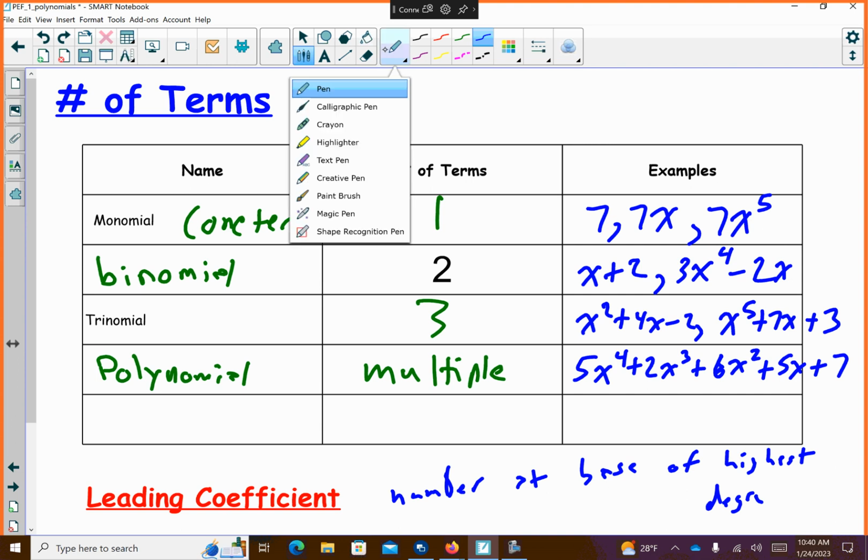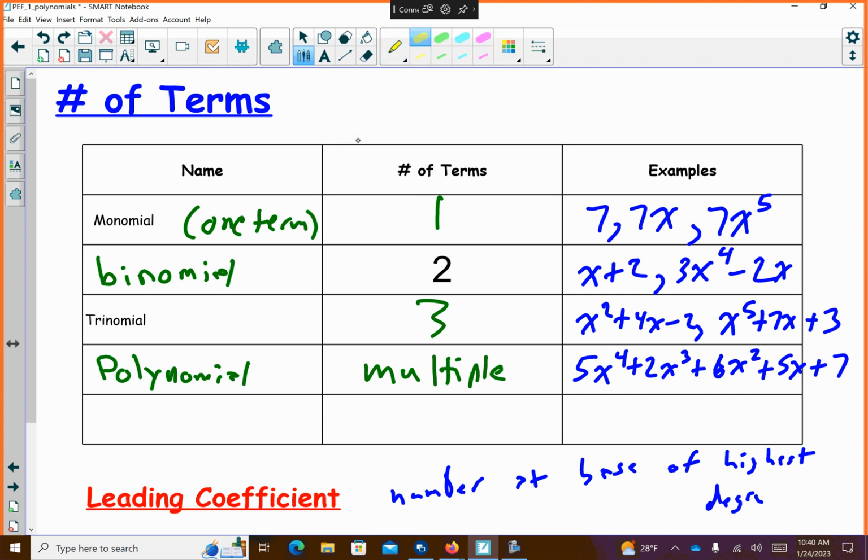So I'm going to highlight the leading coefficient. This is the leading coefficient of this one. There's a 1 right there, a 1 right there, a 3 right there, a 1 right there. So whatever my highest exponent has, an x or a y or some letter attached to it, there could be a base number. The base number is called the leading coefficient. So it's kind of the meat and potatoes.